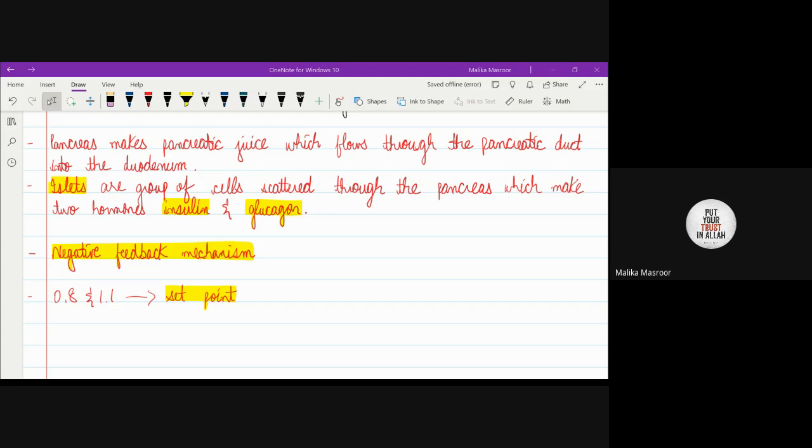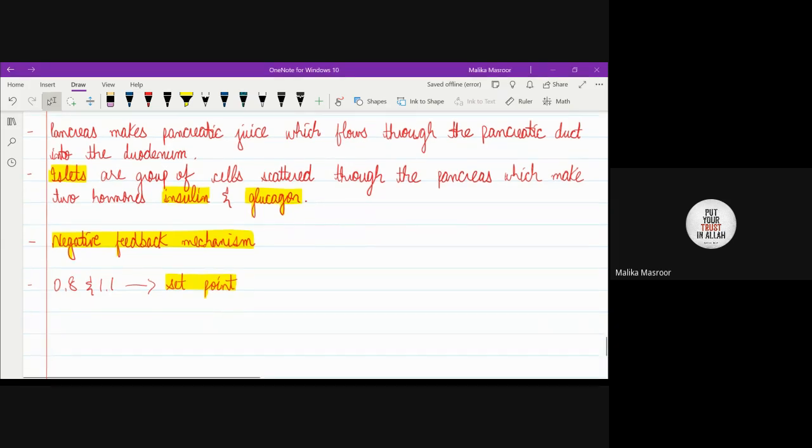Like I said, that is a set point, the normal level that the system tries to maintain, keeping it within a narrow range.